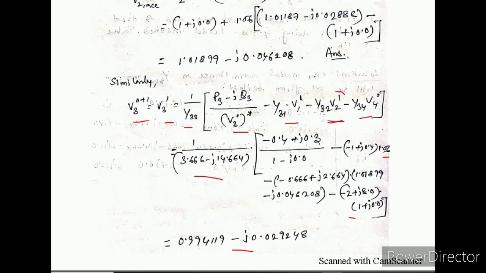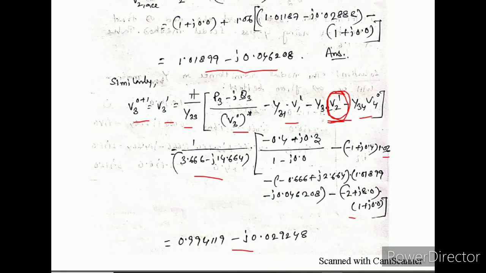Whenever we put the V2 to the power 1 value, we will not put the previous value. Which value will we put? Whatever value we get after using the accelerating factor, we have to update that value here. I already told this in my previous lecture. That means whenever V2 is already found in the earlier equation, that V2 value must be updated in the same iteration when it comes in the next equation.